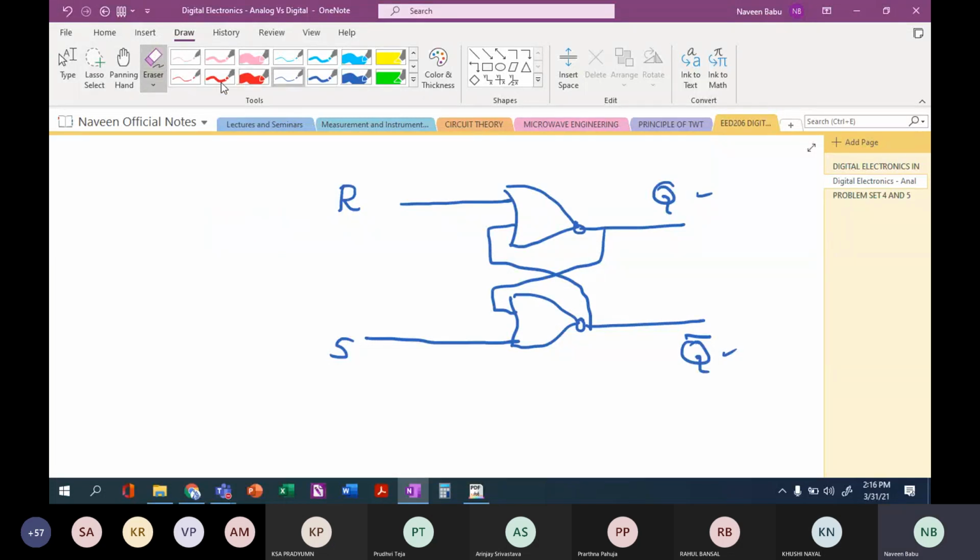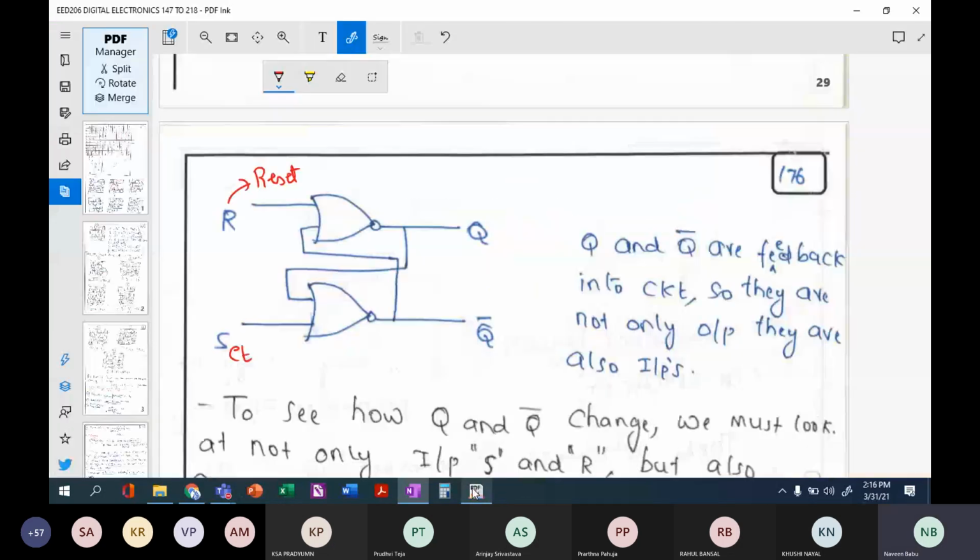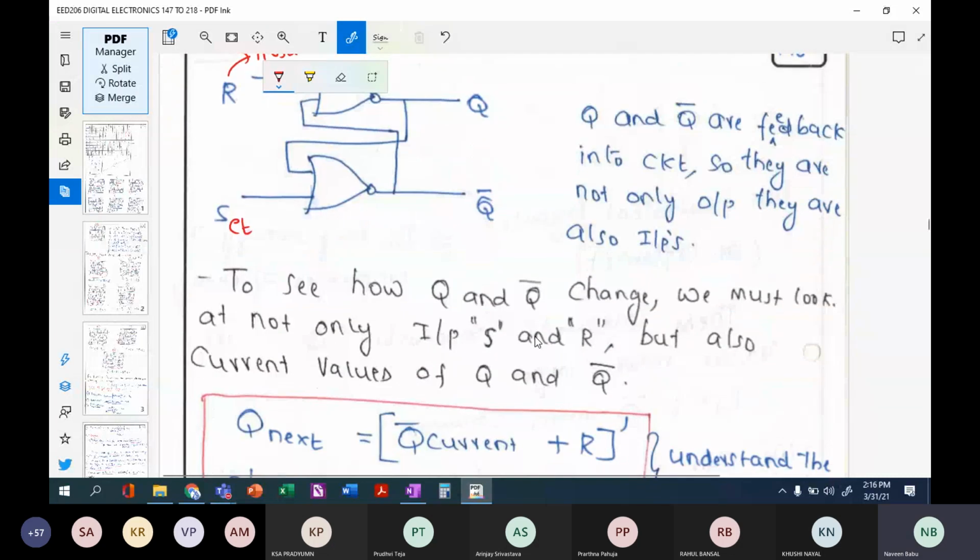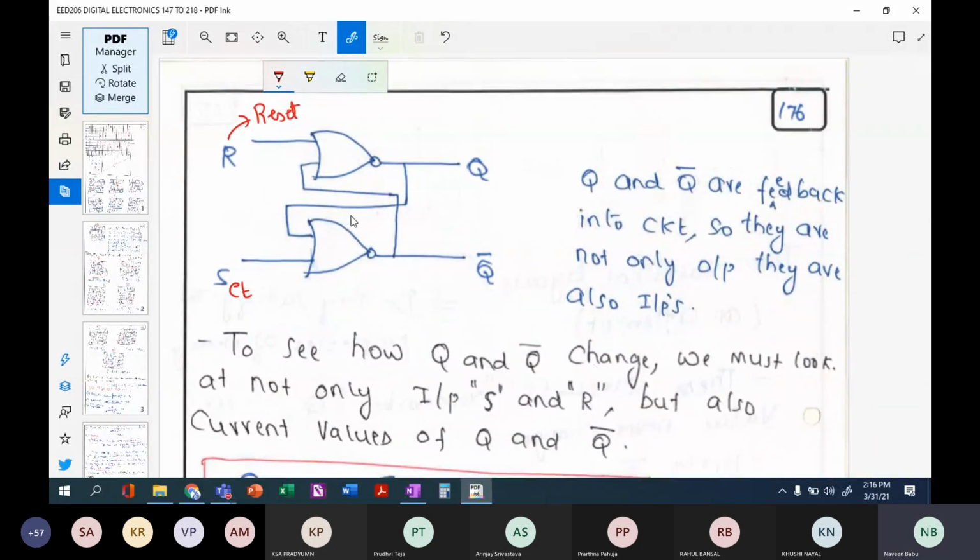Okay, now let us write the Boolean expression for this. Before that, Q and Q bar are the feedback in this particular circuit. So this will be your Q bar here, and this is going to be your Q. Let us assume that this is the next Q value, and this is your next Q bar value.